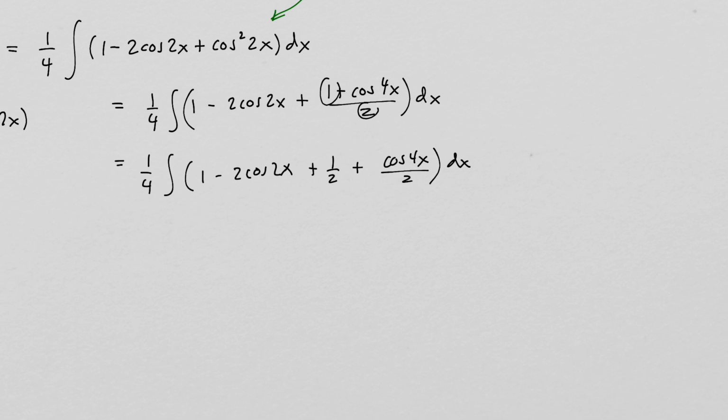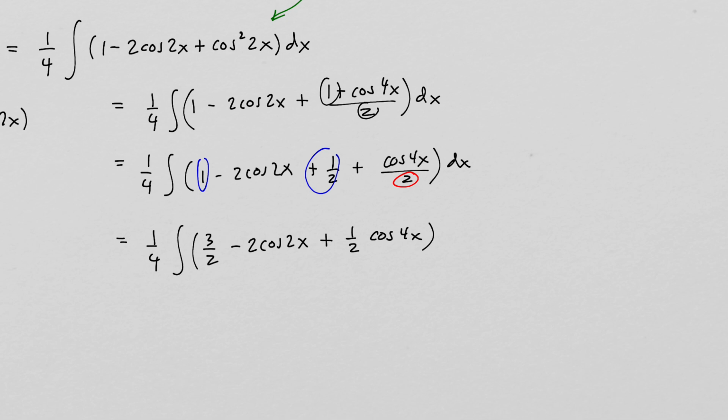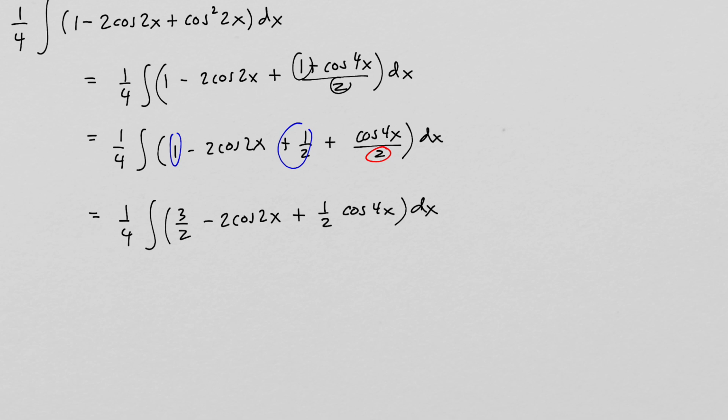But one last thing I can do before I actually integrate is notice that we have a 1 here plus a 1/2 there. We can add those together. 1 plus 1/2 is 3/2 minus 2 cosine of 2x plus, and then I'm going to make one small adjustment here. The 2 there, I'm going to write that as 1/2 cosine of 4x dx. So now we are ready to take the antiderivative.